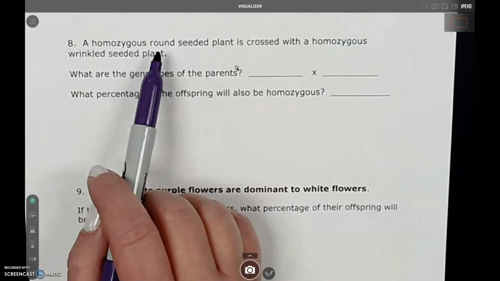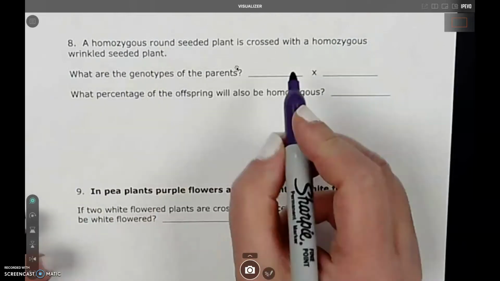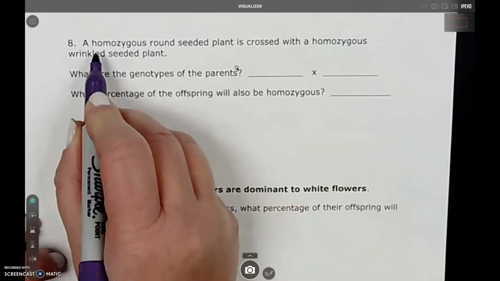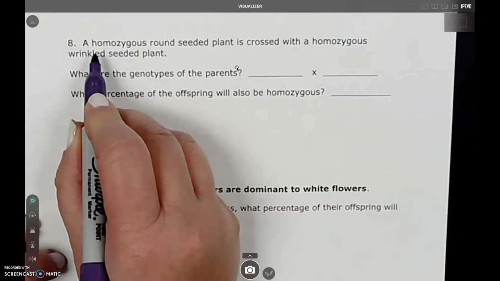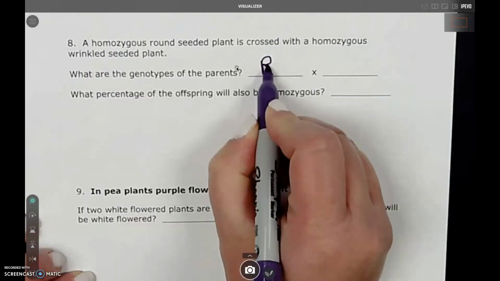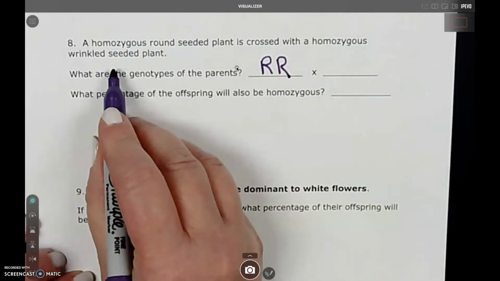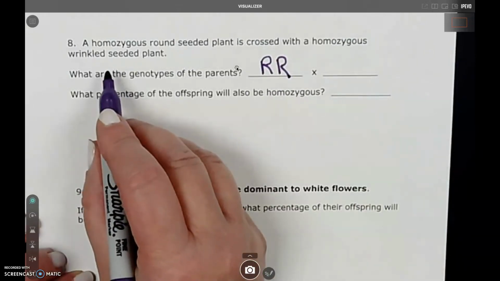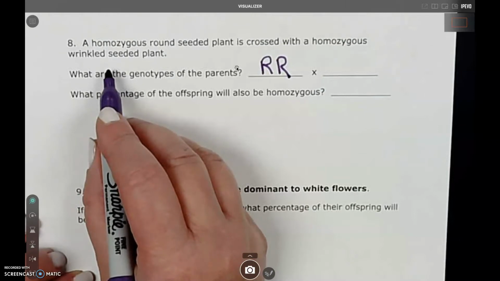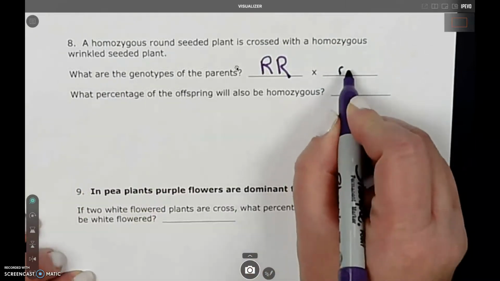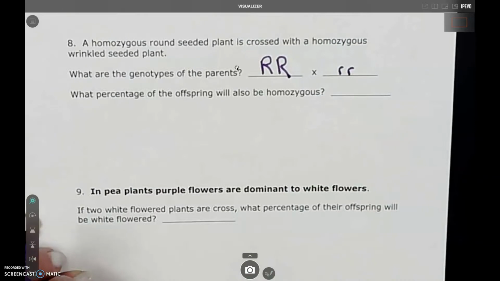What do you want to use? R. Oh, homozygous, though, that's not the same if you go capital and lower. So what do you want? No, that means one dominant, one recessive. There we go. And homozygous wrinkled, what's that going to be? Because that's the recessive. Little r's, thank you. Do not use a different letter.